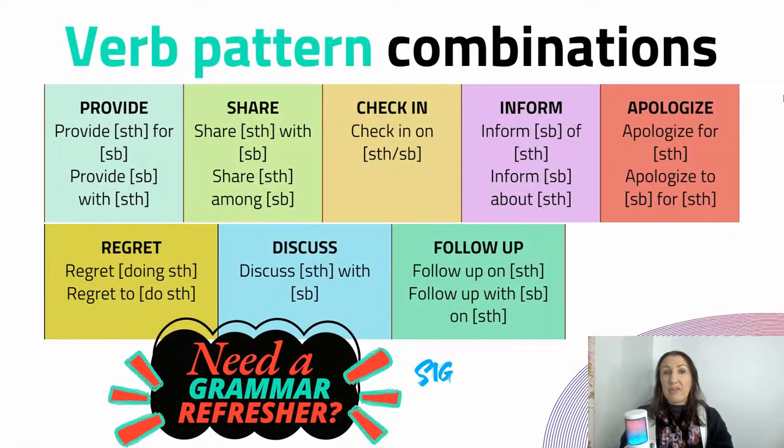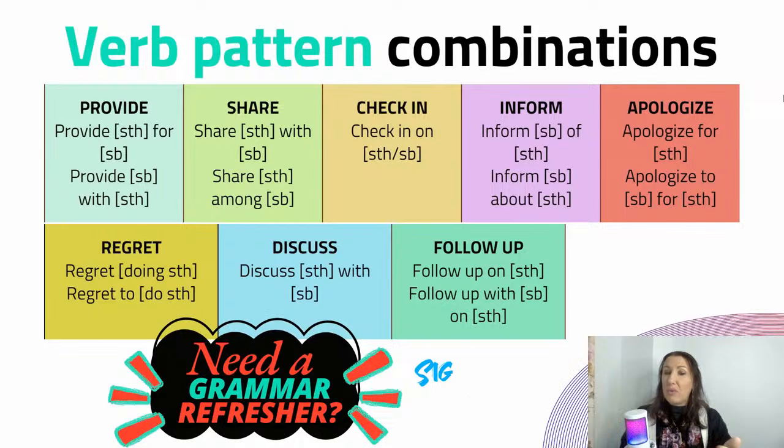I told you about the verb patterns. It's like how you will use the verbs. You will provide something for somebody. You will provide somebody with something. But you can use these formulas to understand how to use every verb that we discussed. Like follow up on something.